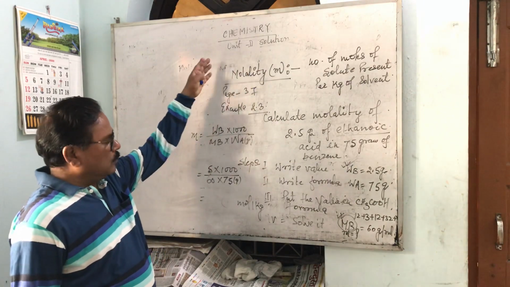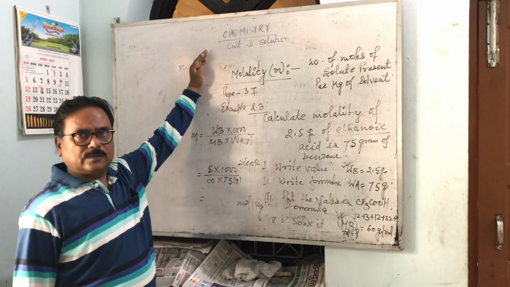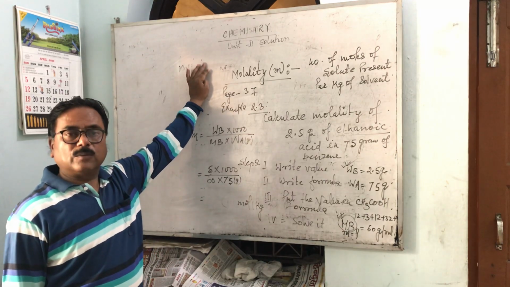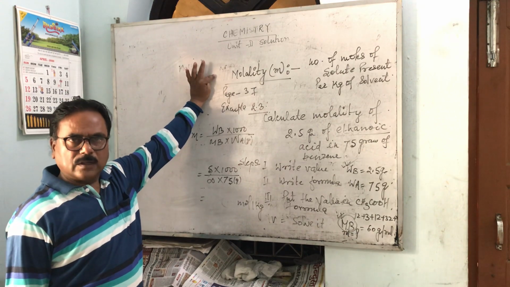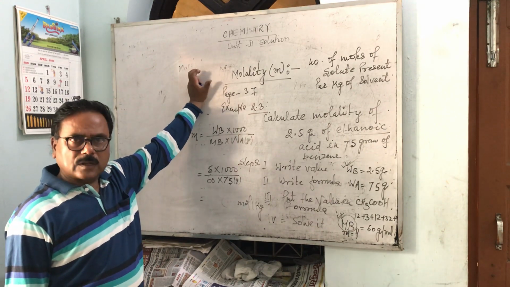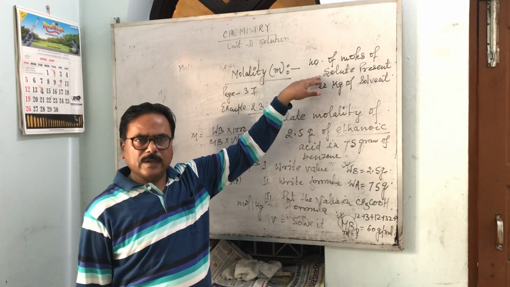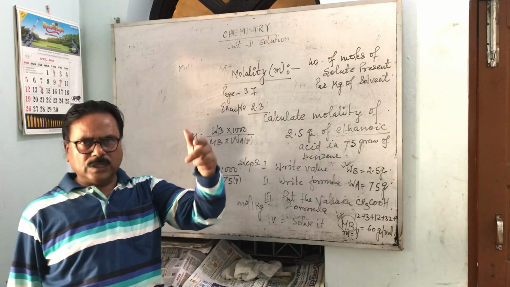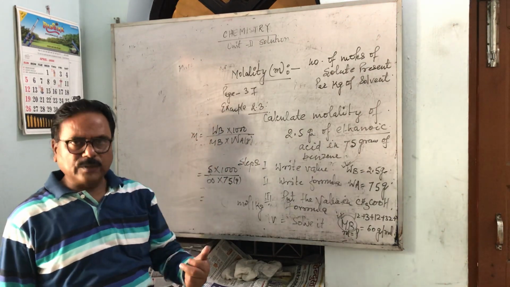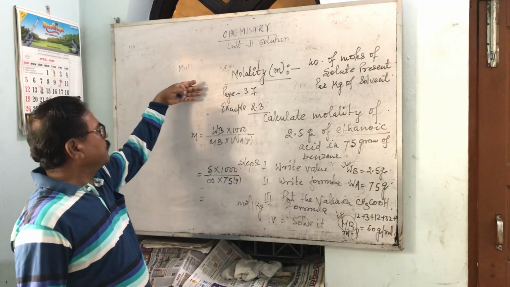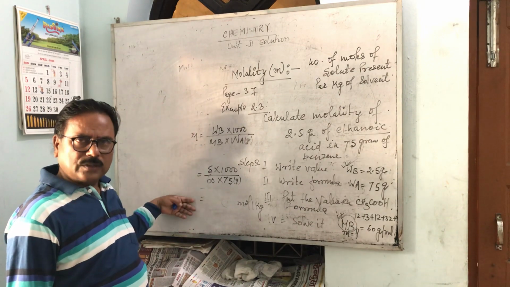What is our learning objective today? We start from solutions. What is a solution? What are the components of a solution? We know there are 2 components, the solute and the solvent, and these combined together form a solution. We get an idea of what a homogeneous solution and a heterogeneous solution are, and what the types of solutions are: gaseous solution, liquid solution, and solid solution.